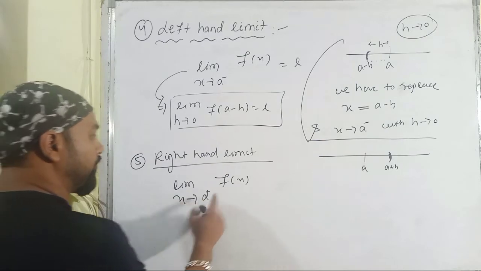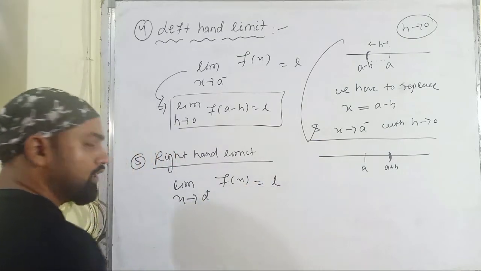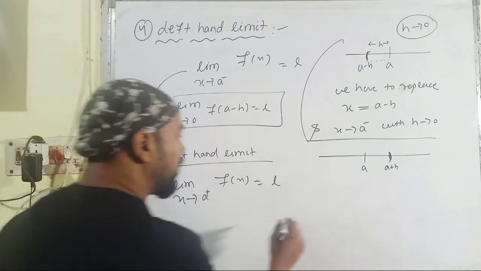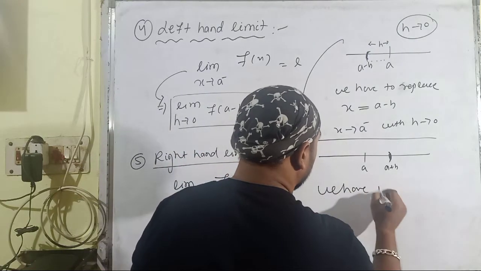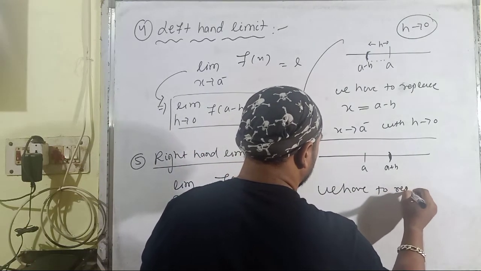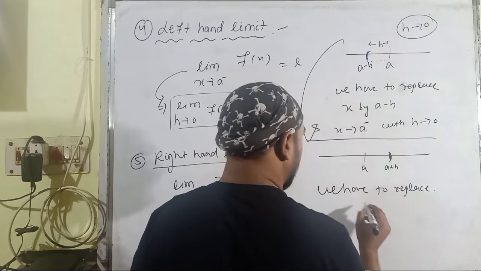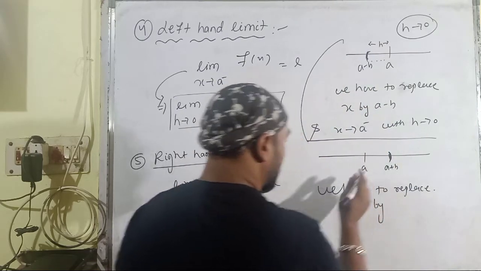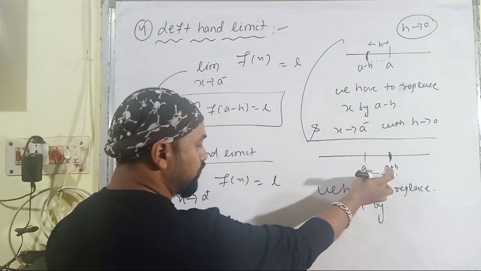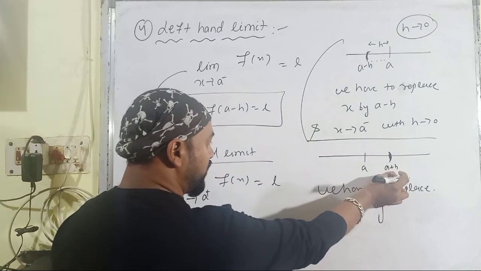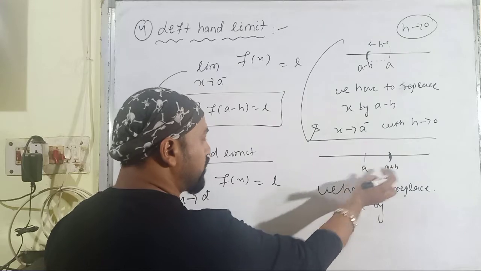So x tends to a plus, suppose it is given that this value is equal to L. Then here we cannot put a, we have to put a point which is just placed right to the point a.